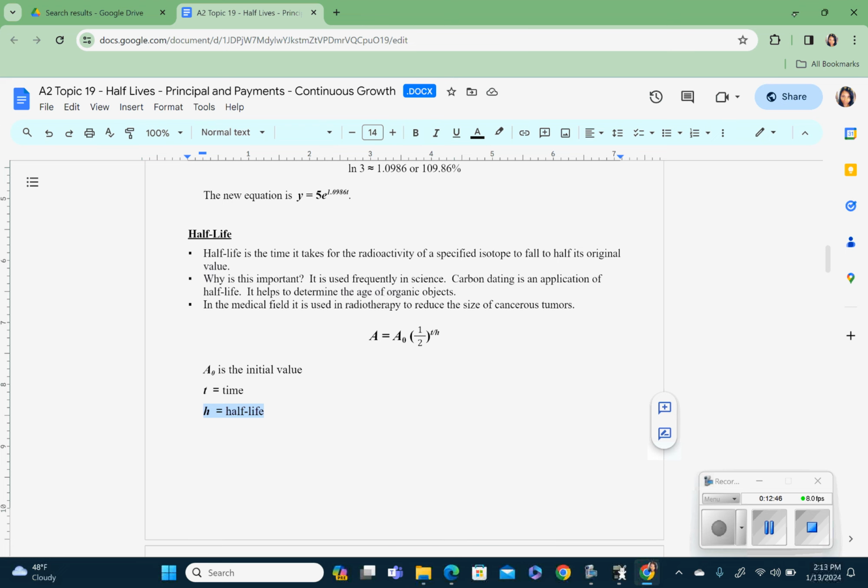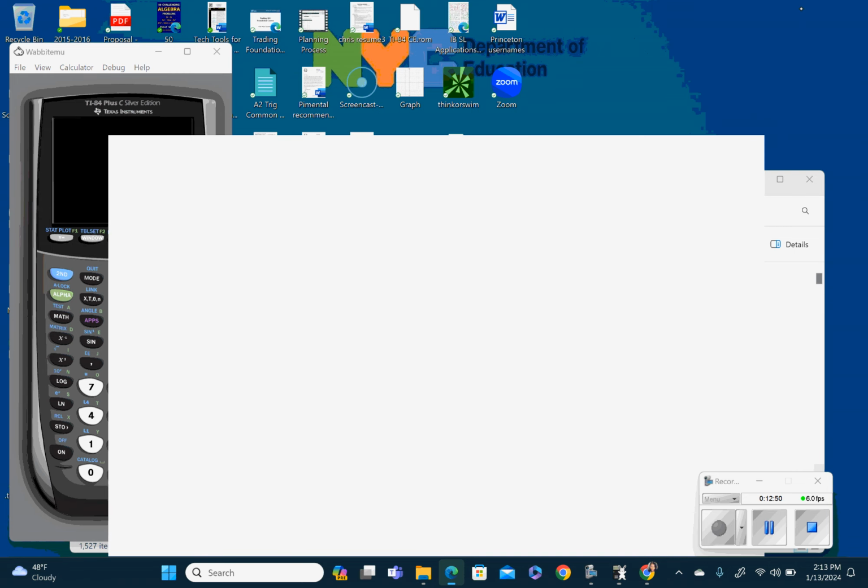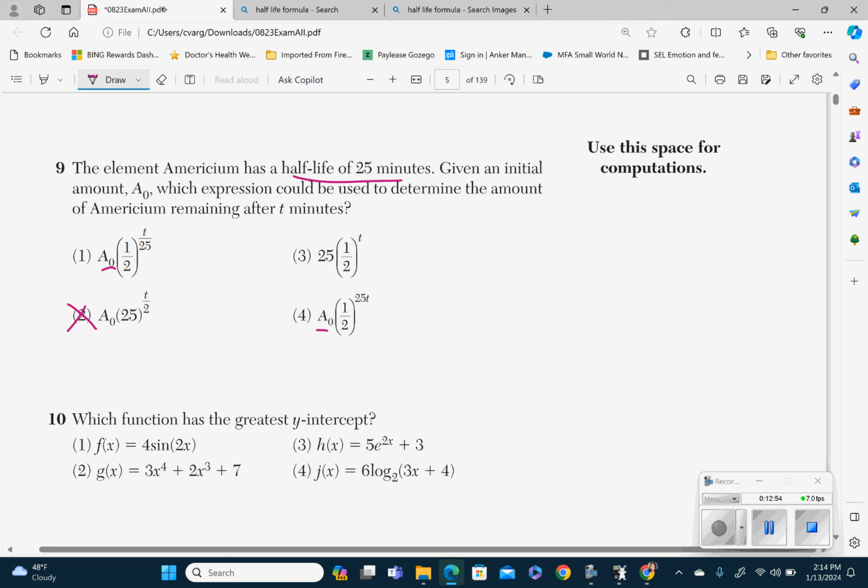And then if we take a look at our problem, we have a sub 0 is our initial. We're going to plug in the 1/2 because it is a half-life. And then our t, which is our time, is going to get divided by our half-life, our h, which is 25. So our answer that matches that is choice number 1.